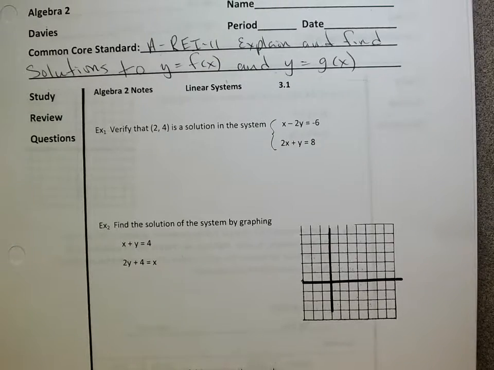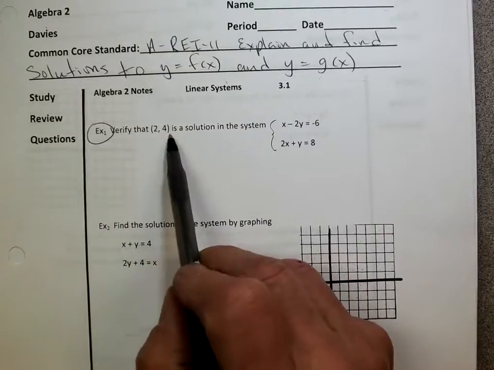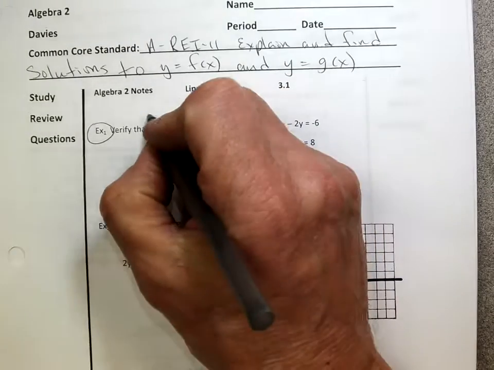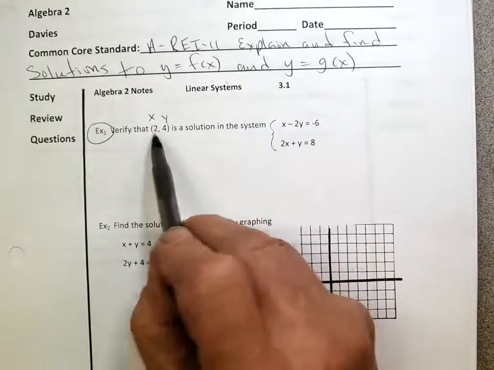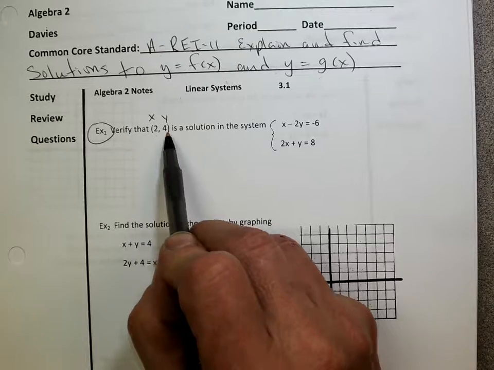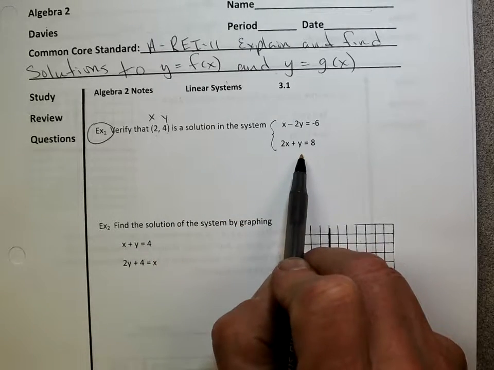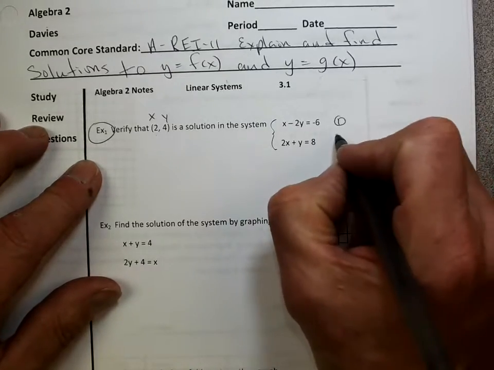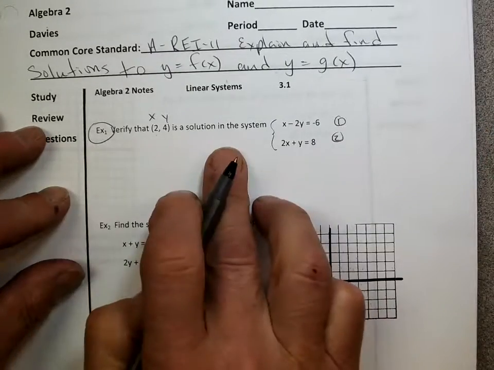So let's take a look at it. Example 1. So to verify if 2, 4 is a solution, then if I plug 2 in for x and 4 in for y into both equations, I should get a true statement. So here's how I do it. I've got two equations, equation 1 and equation 2. I'm going to write them side by side because I need to do a little bit of work.